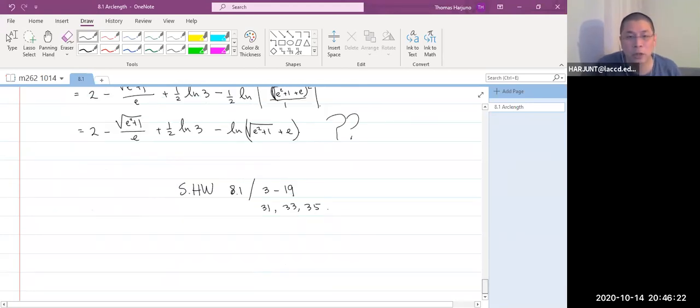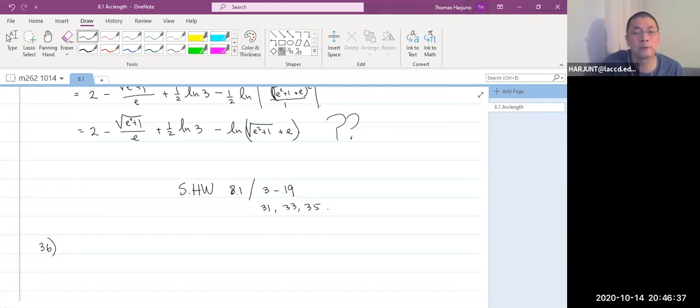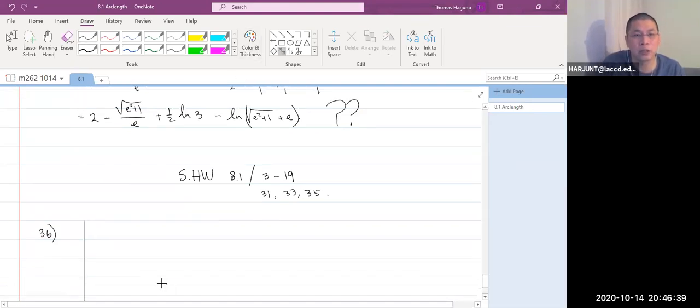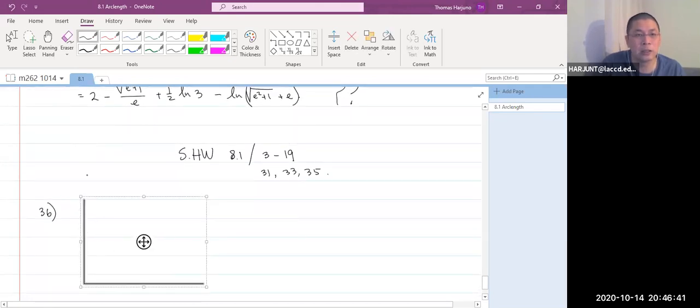Okay, let me try number 36. Number 36 is the following. The kite's height above the ground from horizontal position, let's say this is the one who flies the kite, and this is the x.